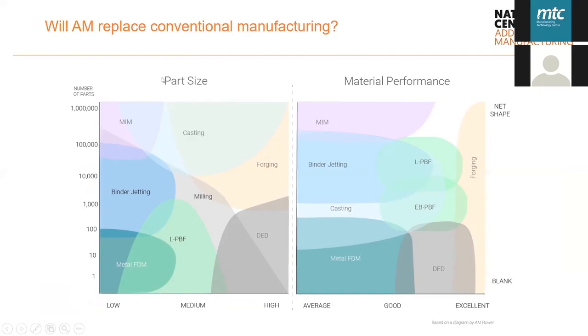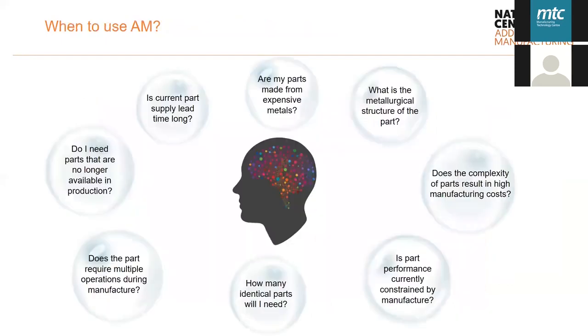For example, you can see on the left-hand side here, metal injection molding, casting, and forging still dominate the market share for applications where you require a lot greater throughput of components, and also where you need to manufacture a component of a lot greater size and scale. Similarly, in regards to material performance, metal injection molding and forging still dominate areas of the market where you need excellent properties and, again, very high throughput of components.